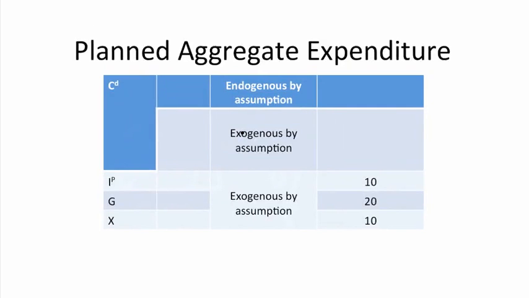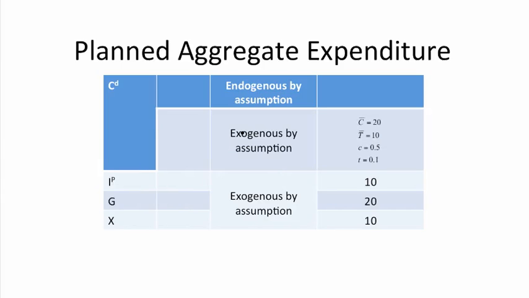So let's just summarise. We have a very complete representation of planned aggregate expenditure now. We have our three exogenous components of planned injections, and I've just made up some numbers there, 10 for planned investment, 20 for government, 10 for exports.